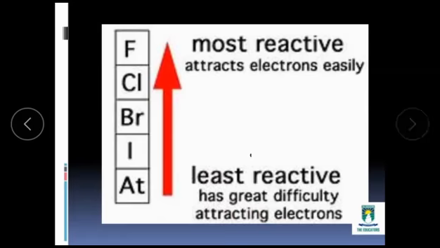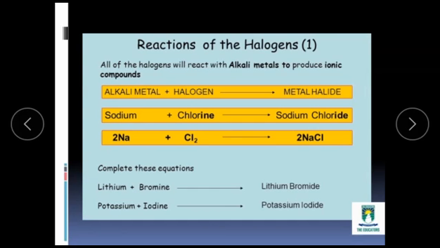Reactions of halogens. Their reaction with alkali metals, how they react with metals. All of the halogens will react with alkali metals to produce ionic compounds.